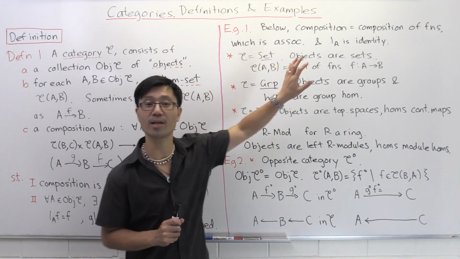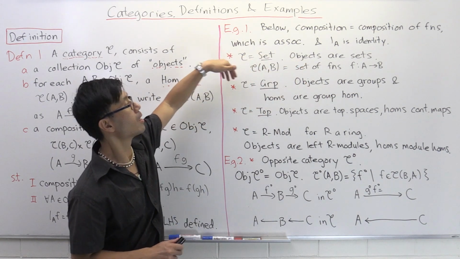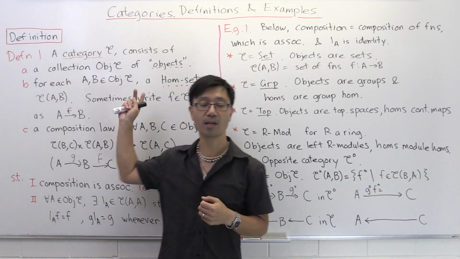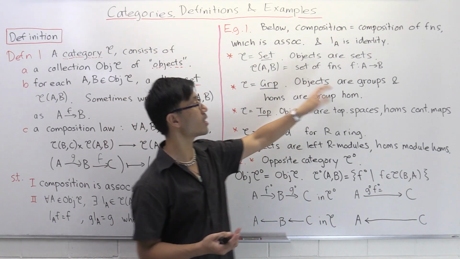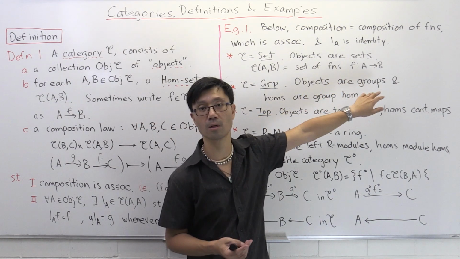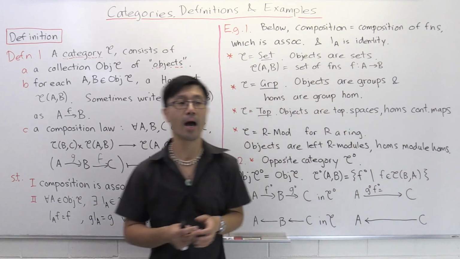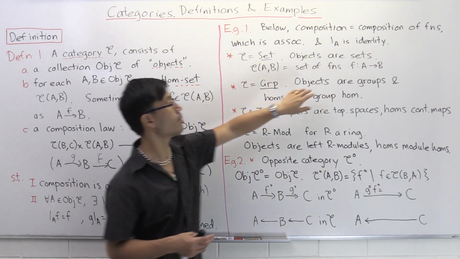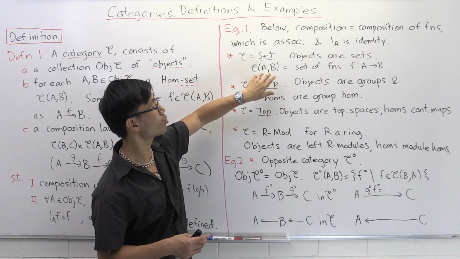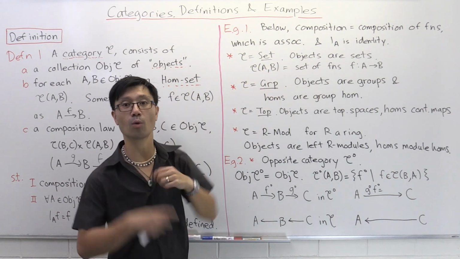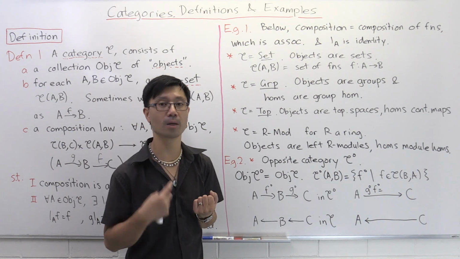Okay, so let's look at another example. This is the category of groups. Again, we have to give the data of a collection, and that collection is just the collection of all groups. So an object in this category is just a group. Now, given two objects, so two groups A and B, we have to say what the HOMs from A to B are. What is that set of HOMs?